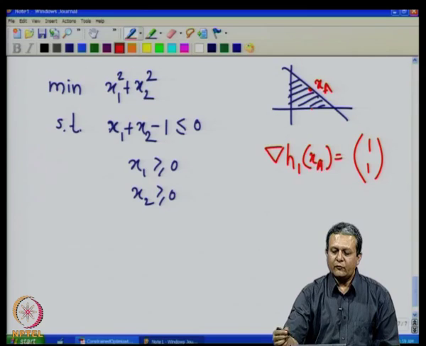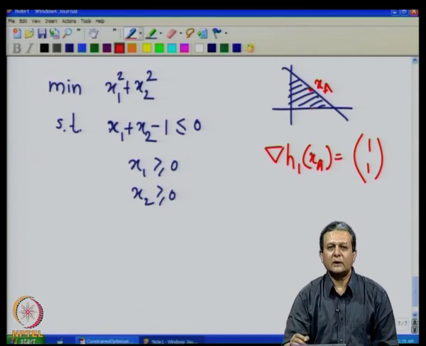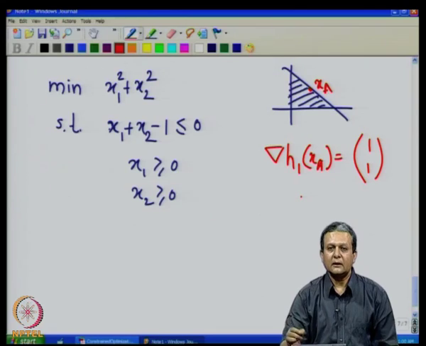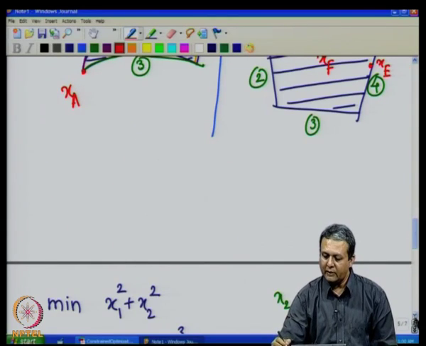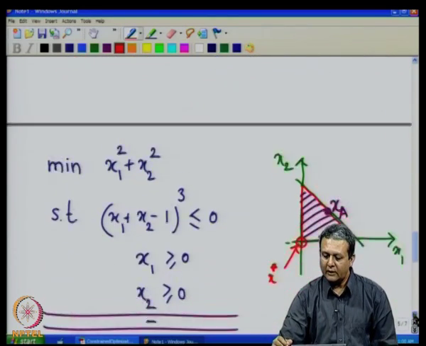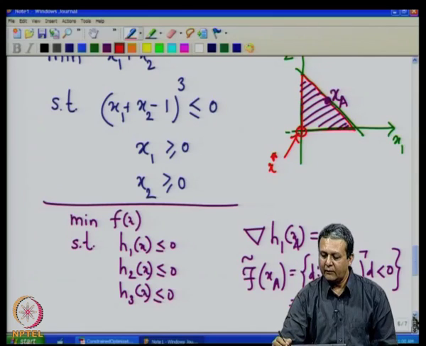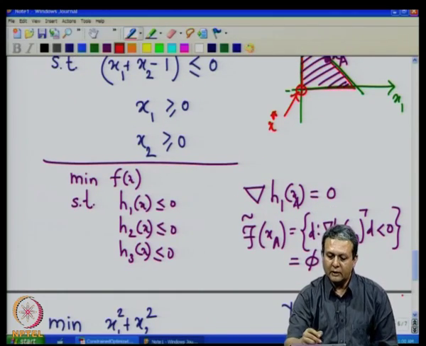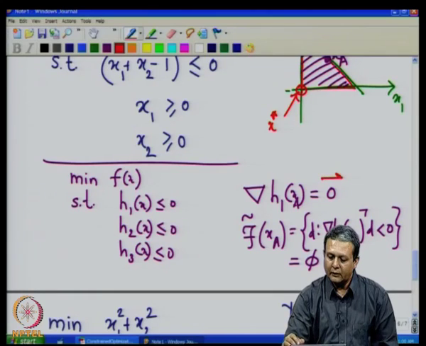So, the same feasible region, if we represent it using a different constraint, then we get a gradient vector which is a non-zero vector, and this is unlike the previous case where we had the gradient vector to be 0. So, remember that this is a 0 vector.